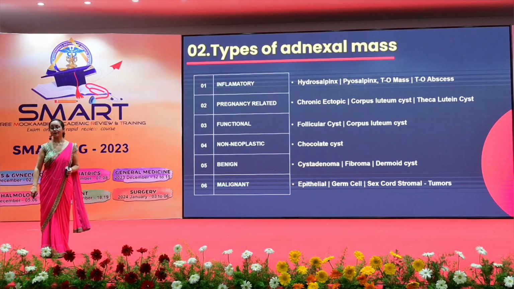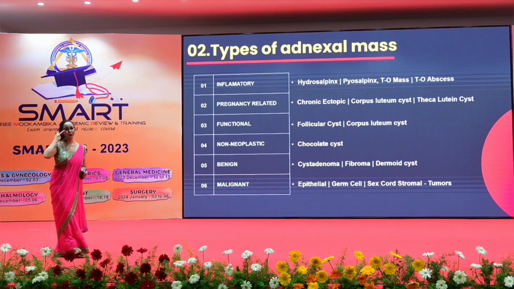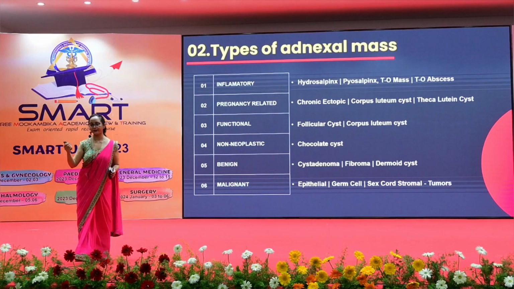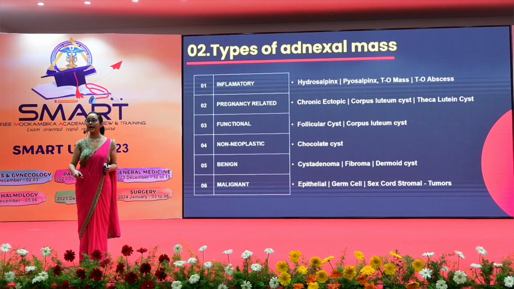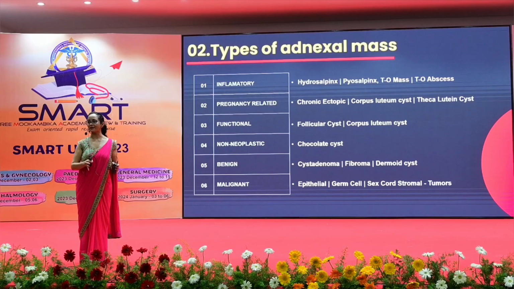Pregnancy related. A few years ago, there was a sessional exam I was invigilating, and there was a question that a pregnant lady had a molar pregnancy of 8 weeks, and she had a 15 centimeter cyst on both sides. How will you manage?